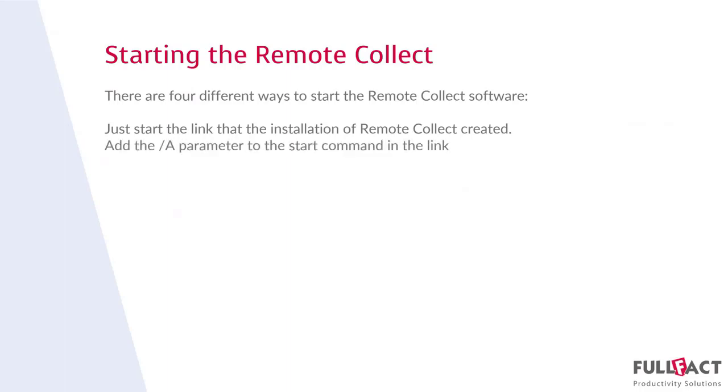Second one is add the /a parameter to the start command in the link. There's a small utility, shift scheduler, that will provide a method to define the shift schedules and perform them automatically. If you have a shift change, you can define at what time, on what line, and the shift change will be performed automatically.